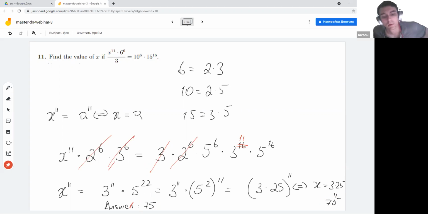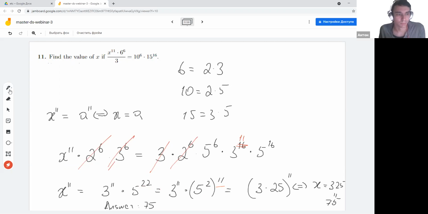Yeah, x equals 75. So what we used here is factorization by primes, then just finding common divisors, and then using some properties of the powers, for example.